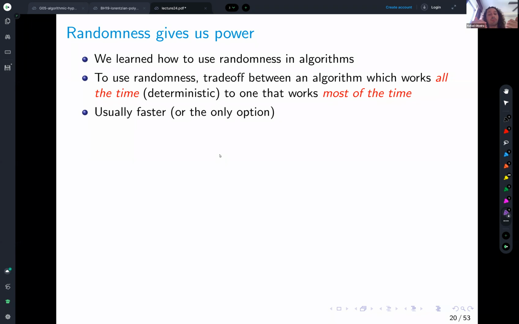But when we use randomness, for every input, the only requirement is that the algorithm works most of the time, right? So we trade this off against the deterministic. We say, most of the time the algorithm will be correct and I'm content with that, but I want a faster algorithm, a polynomial time algorithm. Does that make sense?